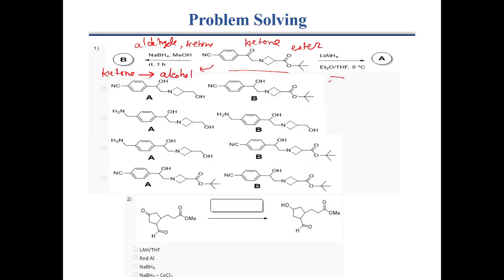But under lithium aluminum hydride conditions, the ketone is reduced to alcohol. This is the first one. And then the ester is also reduced to alcohol. So the right option will be A. And also there is a cyano group here.